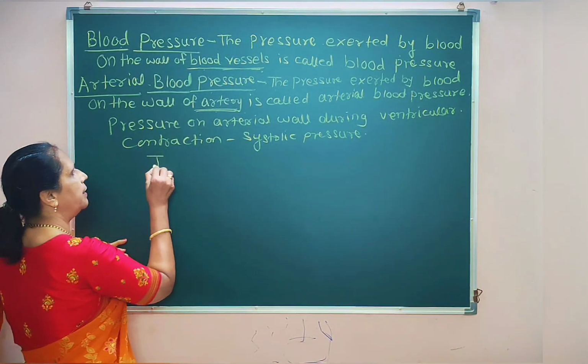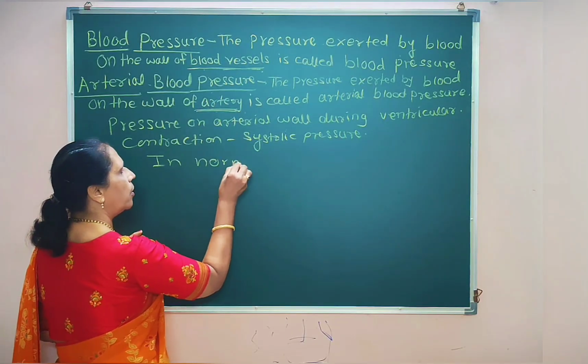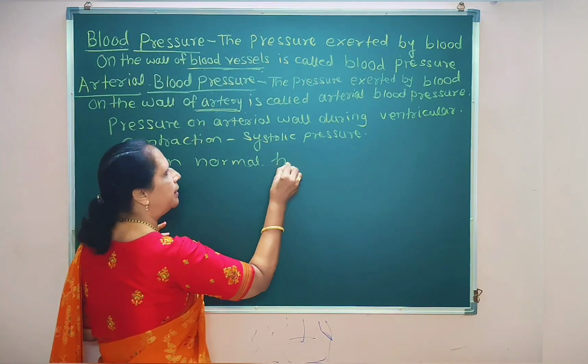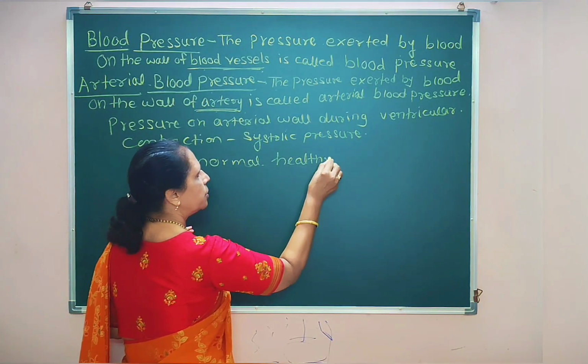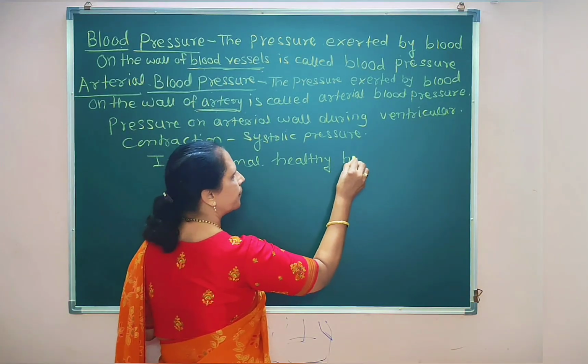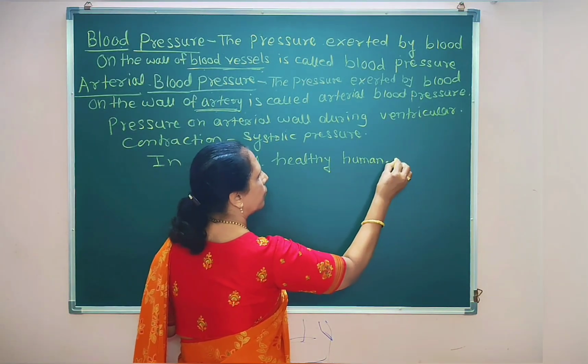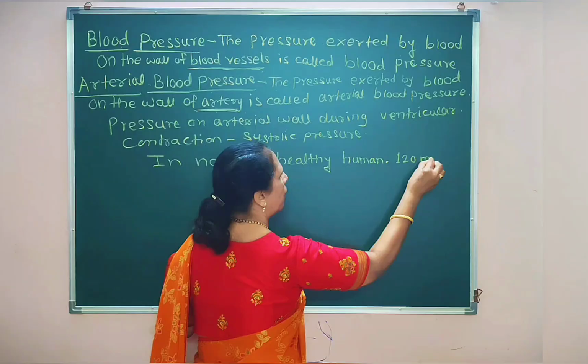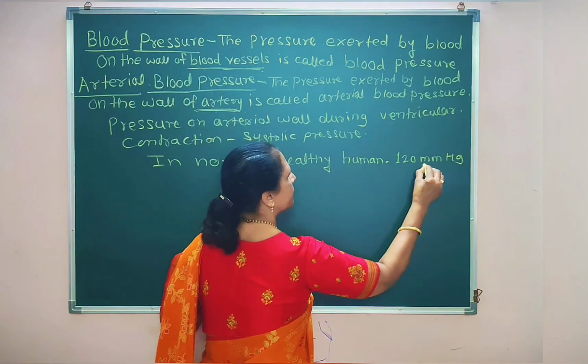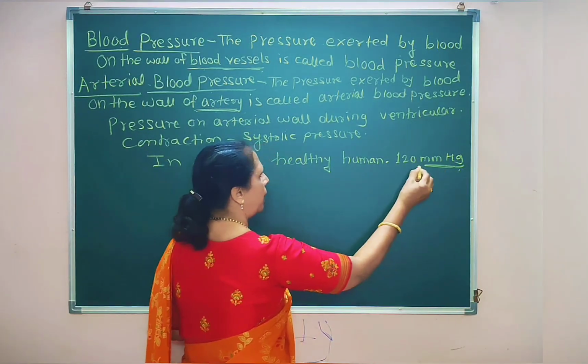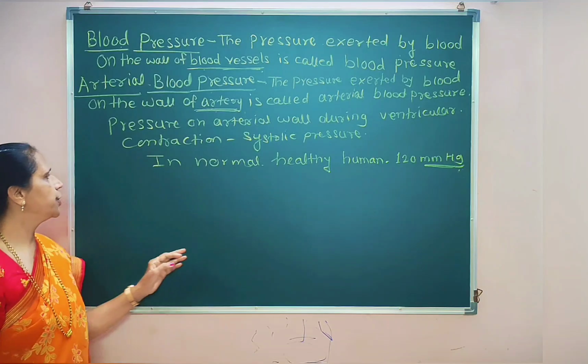In a normal healthy adult human, the systolic pressure is 120 mm of Hg, that is millimeters of mercury.